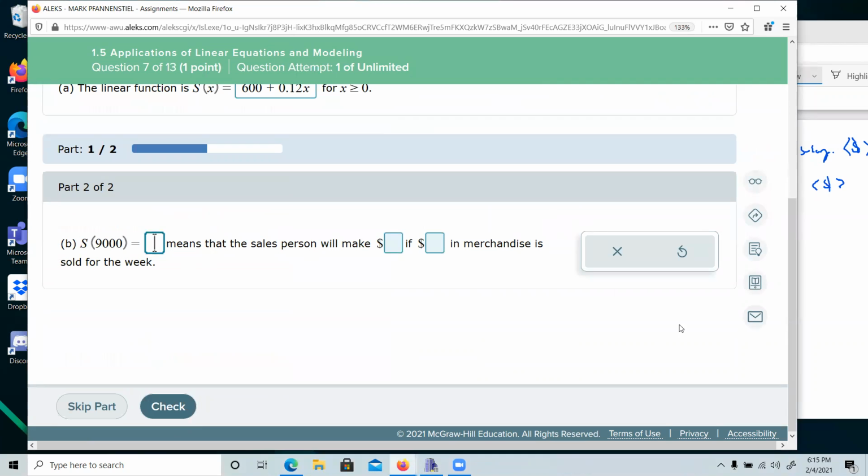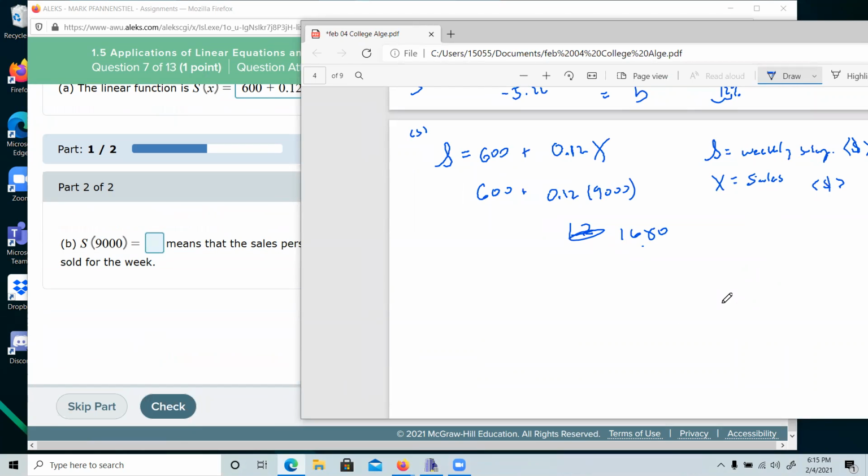Oh, what does it mean? That's the important thing. We sold, well, the store sold $9,000 of stuff on commission. What is this representing?